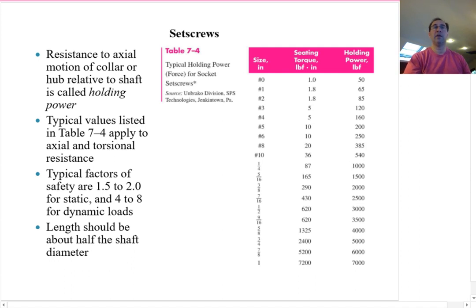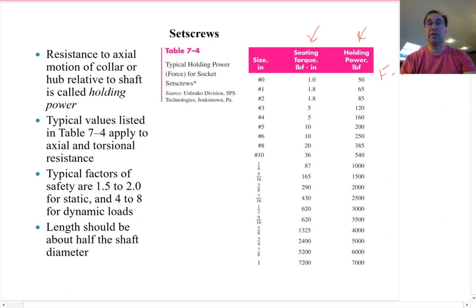Next slide. This is pretty good for the standard sizes and what their holding power is if properly torqued. So they give you the torque here. You're going to need a torque wrench, and then you know what the holding power is. If you take the holding power times the radius, you can get a torque. So this force times radius equals the torque that you can transmit.